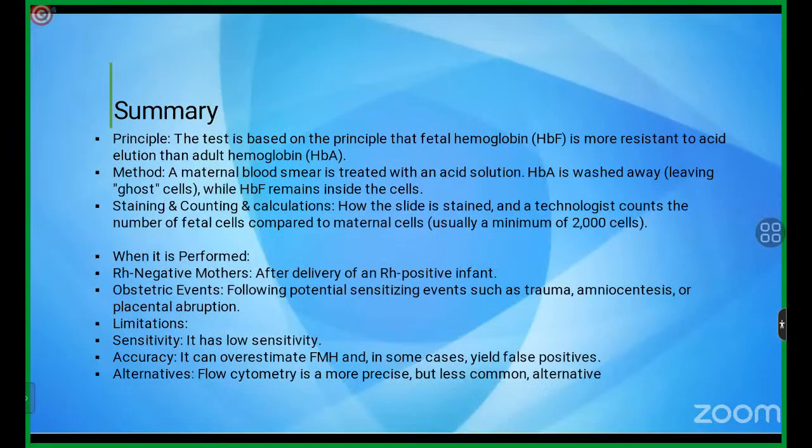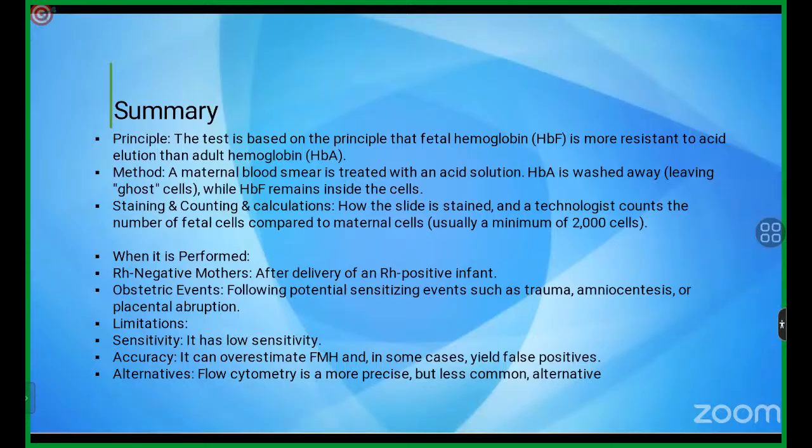So in summary, the principle of KB is based on fetal hemoglobin being more resistant to acid elution than adult hemoglobin. The maternal blood smear is treated with acid solution. Adult HbA is washed away, leaving ghost cells, while HbF remains inside the cells.